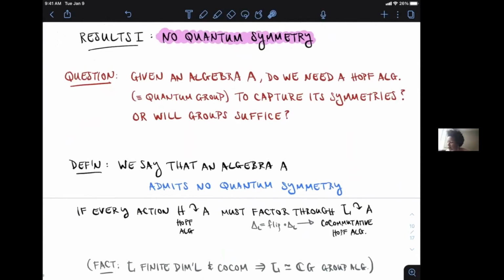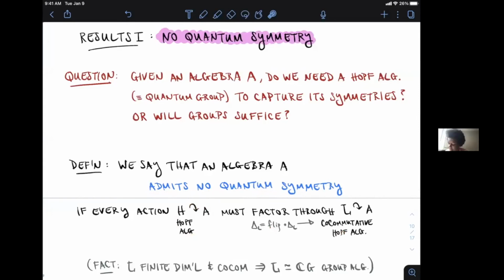Do you need groups, or do you need Hopf algebras to capture its symmetries, or will groups suffice? To make this precise, we say that an algebra admits no quantum symmetry if every action of a Hopf algebra must factor through something that looks like a group.